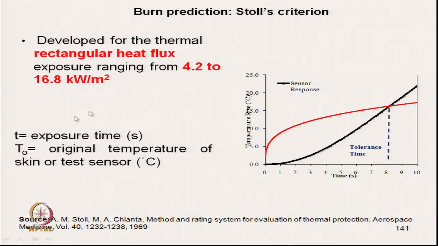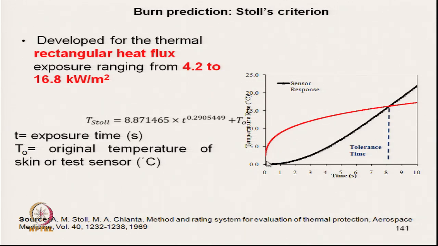So, this is the response. The Stolz response curve is shown in red color, and the sensor response is in black color, and at this point where they intersect, as per this picture, it is 8 seconds.